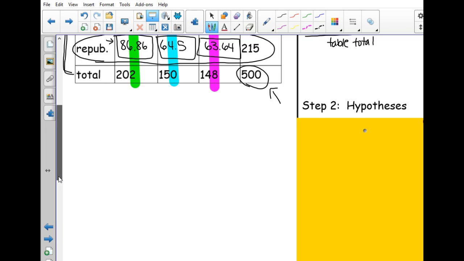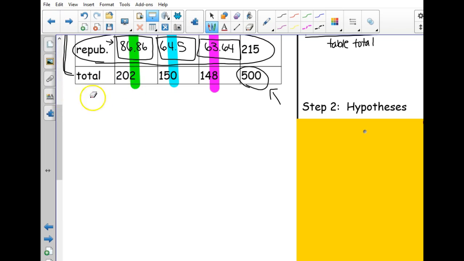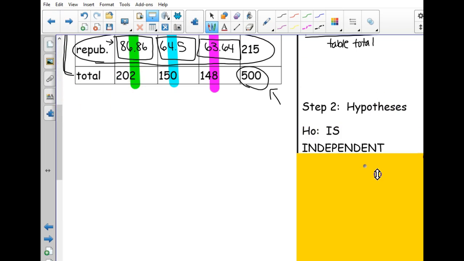The null and alternative hypotheses, I think, are easier to write than your goodness of fit ones. And I'll type them for you so you can read it a little bit better. Your null hypothesis always needs the words "is independent" in it. We assume that there is no association between them.